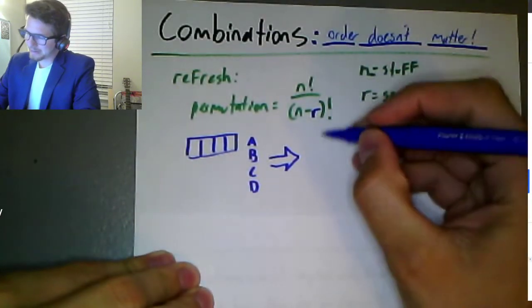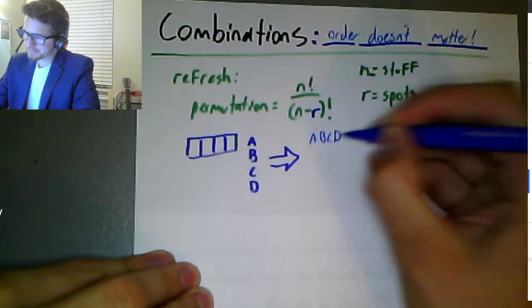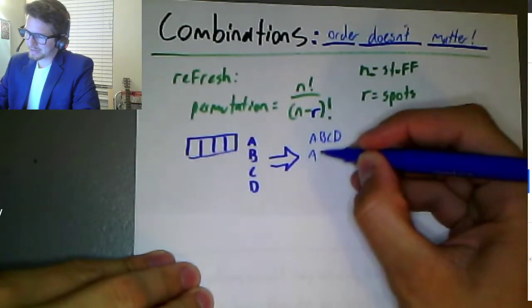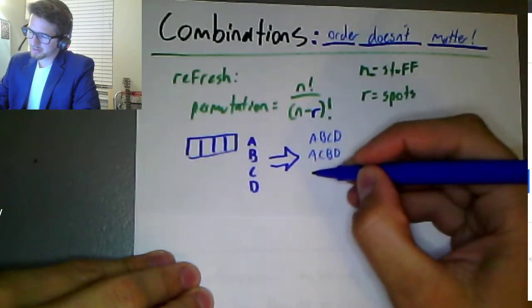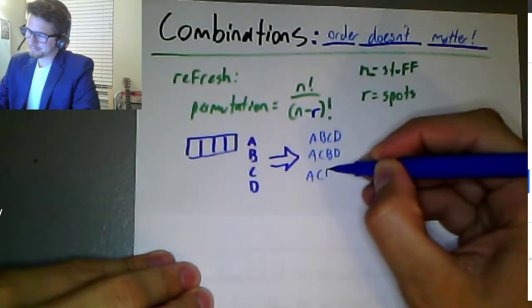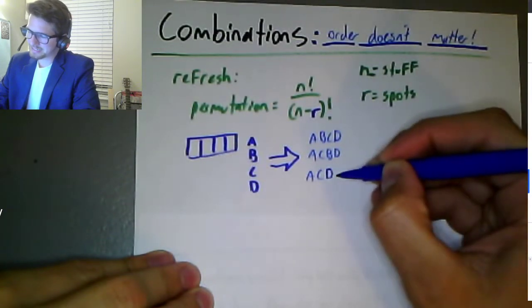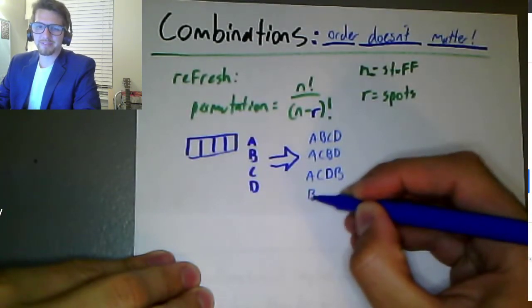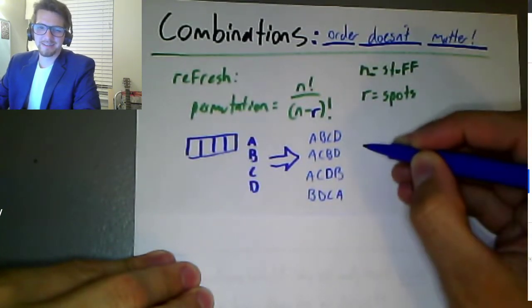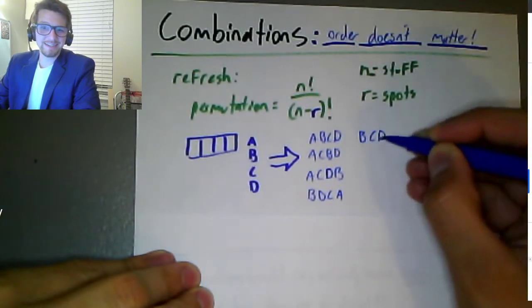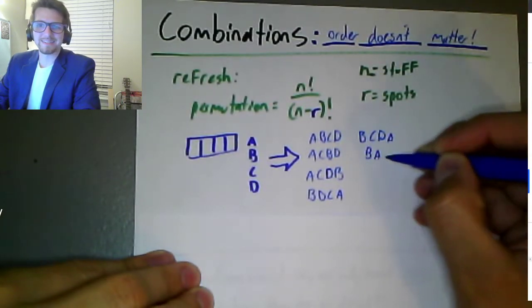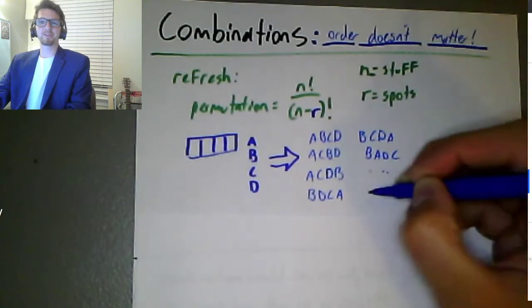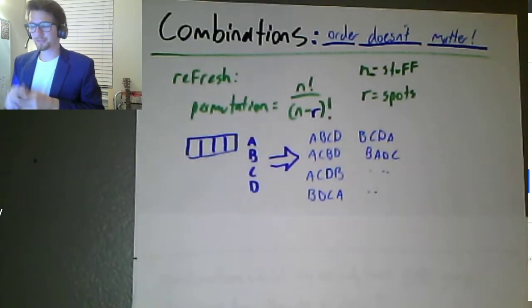In other words, I could have A, B, C, D as a password. I could have A, C, B, D. I could have A, C, D, B. You could just keep going. B, D, C, A. B, C, D, A. B, A, D, C, and you could just keep going like this because the order very much matters.